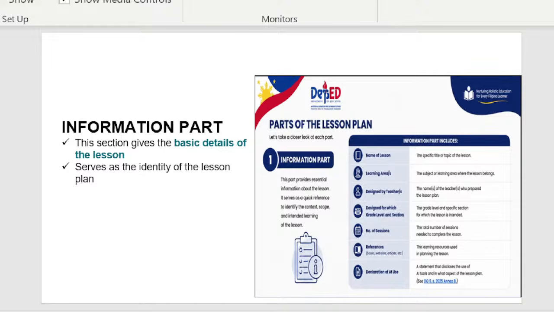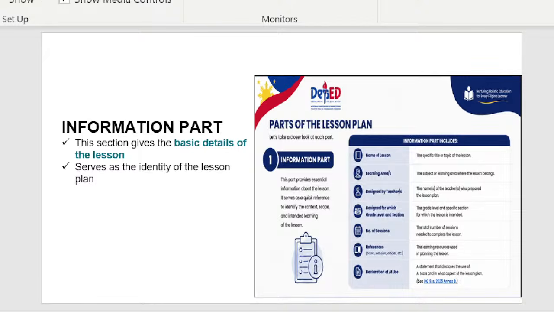Start with the information part. These sections give the basic details of the lesson, and serve as the identity of the lesson.